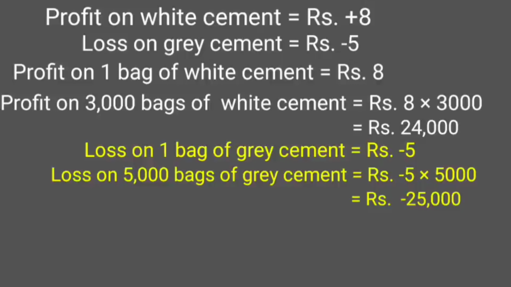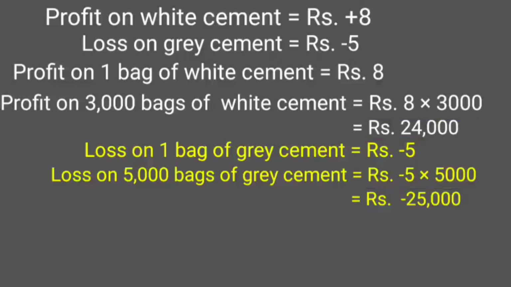So, the answer is loss on 5000 bags of grey cement is equal to rupees minus 25,000. So, profit is rupees 24,000 and loss is rupees 25,000. Which is more? Think, loss or profit.